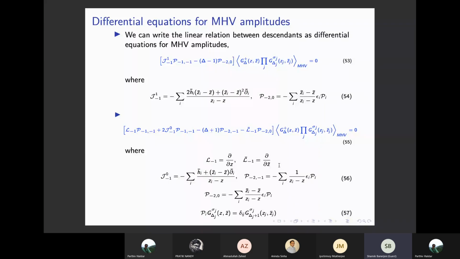So at the level of 4-point you will be left with just a first order differential equation. I see. Because you basically don't need two of them. You can just work with any one of them because it is just one cross ratio.